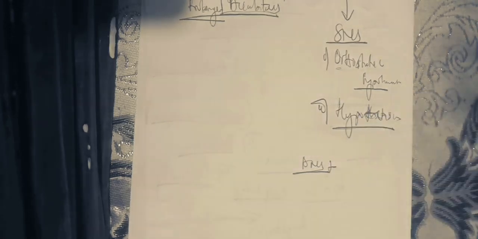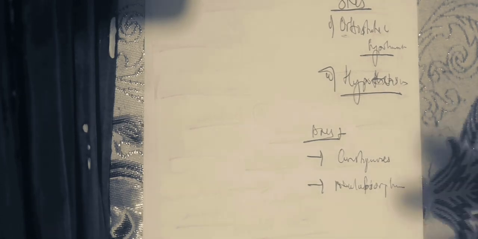Now, if you have a parasympathetic nervous system hypoactivity, in this case you're instead going to have things like constipation, because you have abnormal peristalsis. There is no peristalsis without parasympathetic nervous system activation. You are going to have malabsorption because parasympathetic activation is involved with digestion, so you lose weight.